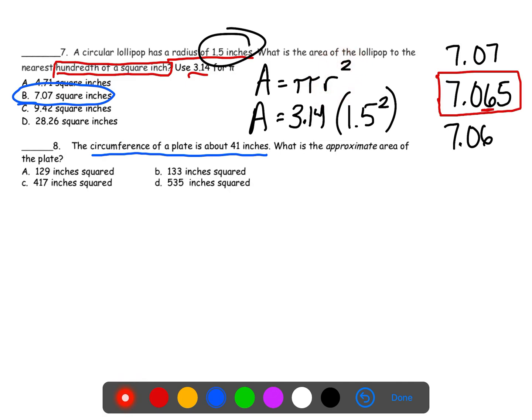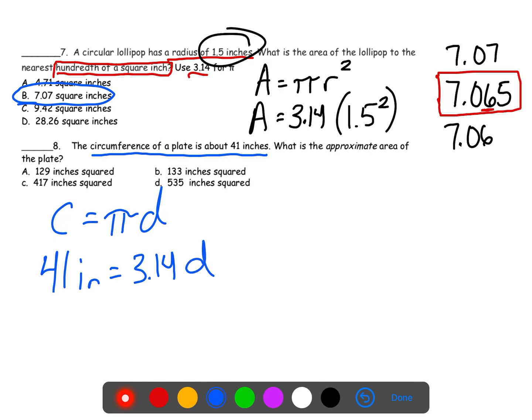So let's back up. Circumference is pi times diameter. If the circumference is 41 inches, and we use 3.14 for pi, what is my diameter? I need to work backwards here, so I need to divide.